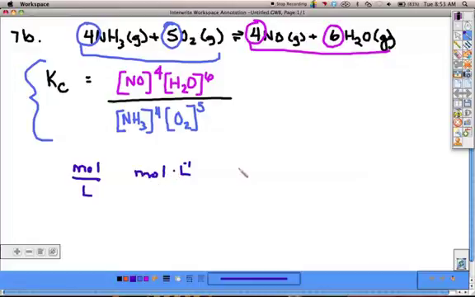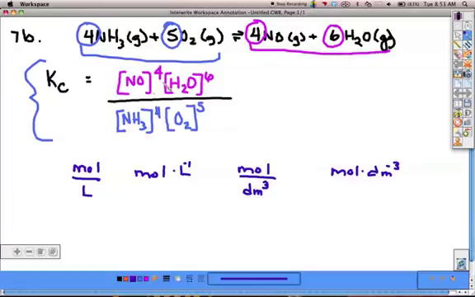Or I could write out moles over decimeters cubed because 1 liter is equal to 1 decimeter cubed. And using the same logic from here to here, I could say that I also have moles times decimeters to the -3. All 4 of those are acceptable answers for the units that would occur.